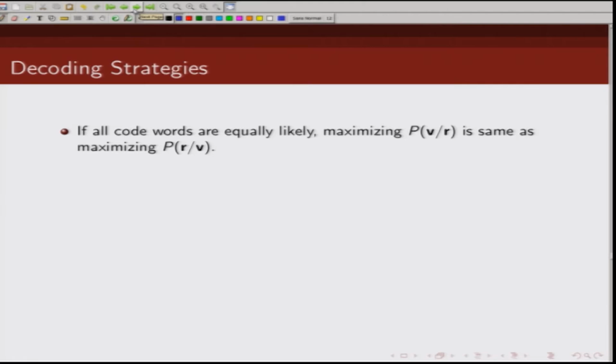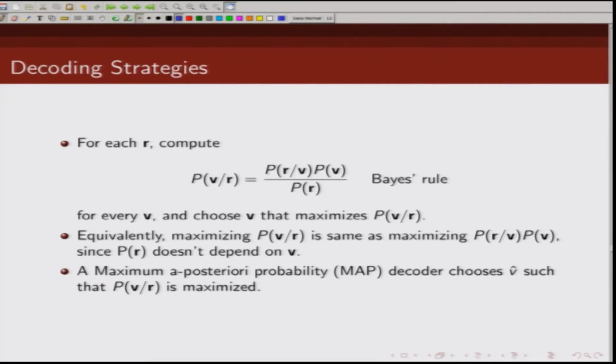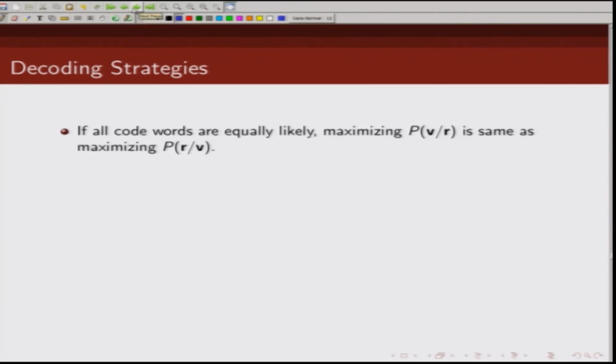Now, what happens if all code words are equally likely? If all code words are equally likely, then look at this term, the probability of V will be the same. So, in that case, maximizing the probability of V given R is the same as maximizing the probability of R given V. So, that is what we are saying.